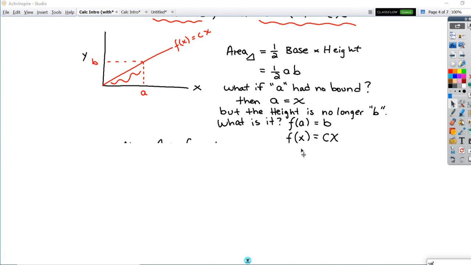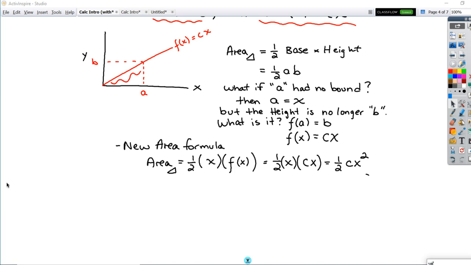So if A equals x now, B would be represented by the function itself, because it's the function evaluated at x, which is Cx. So the new area formula is half the base times the height, the base being x, which takes us off to whatever x value we want.